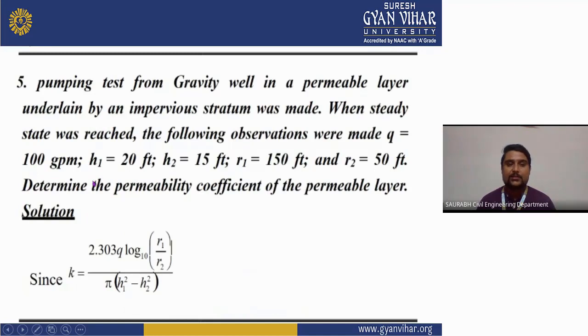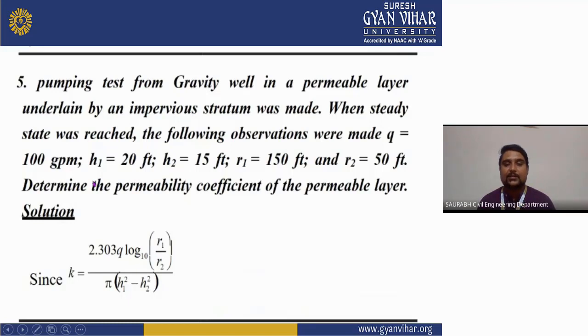Now we will see the next question. A pumping test from a gravity well in a permeable layer underlain by an impervious stratum was made. When steady state is reached, the following observations were made. Q is equal to 100 gallons per minute, H1 is equal to 20 feet, H2 is equal to 15 feet, R1 is equal to 150 feet, and R2 is equal to 50 feet.